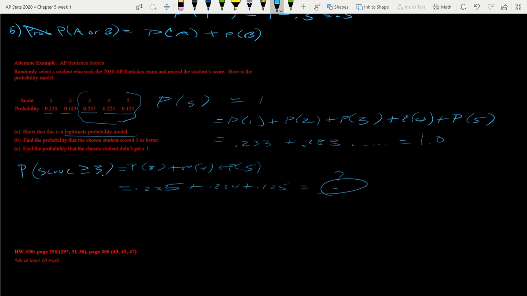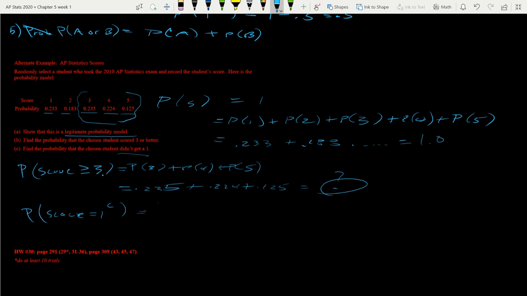All right. So then on the other hand, this is a complement. Find the probability that the chosen student didn't get a 1. So that means he got everything else. So what's the probability that the score is not equal to 1, its complement?